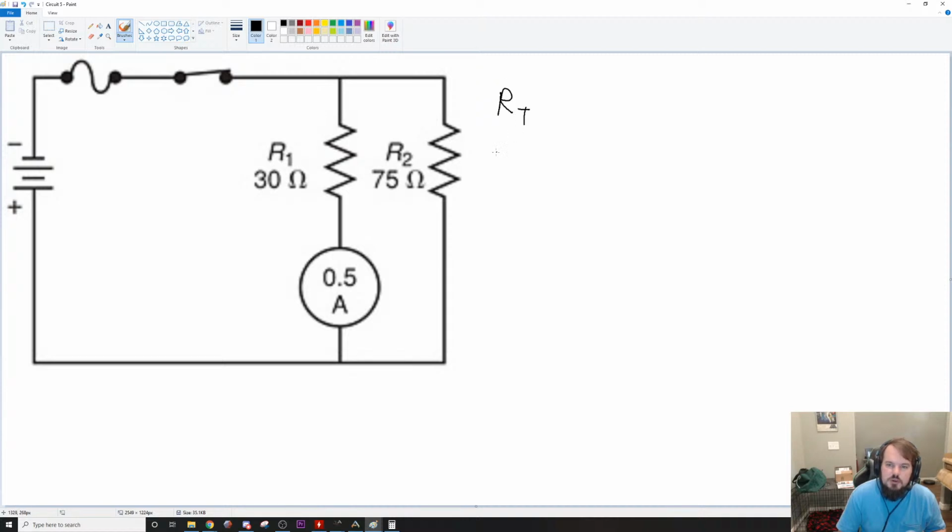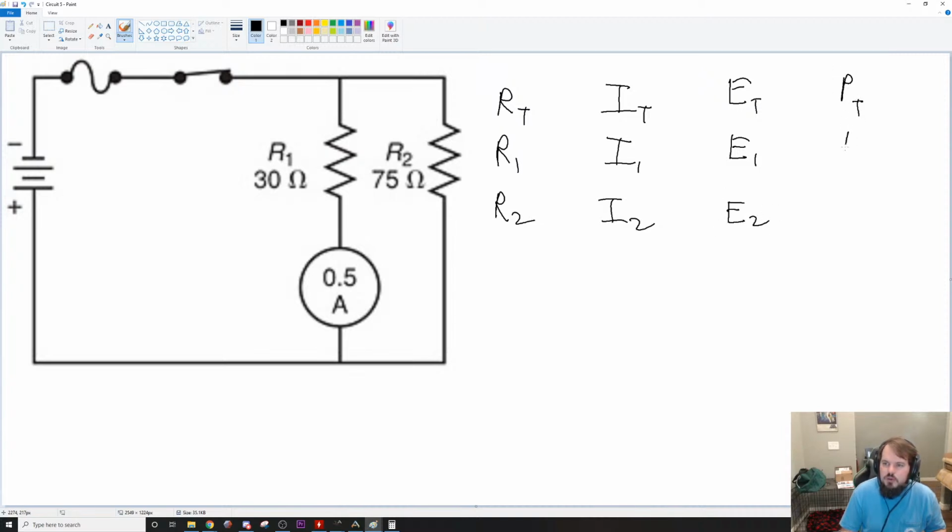So we have R total, R1, R2, I total, I1, I2, E total, E1, E2, and P total, P1, and P2.